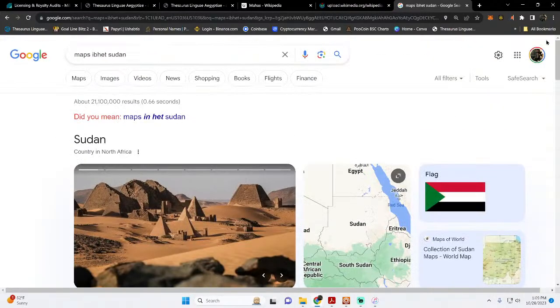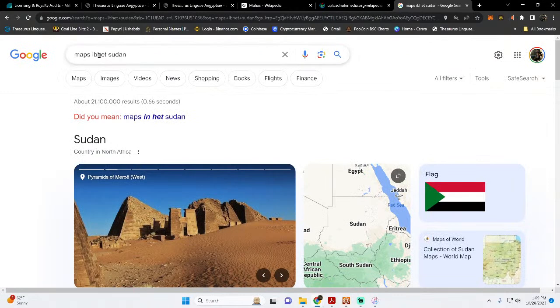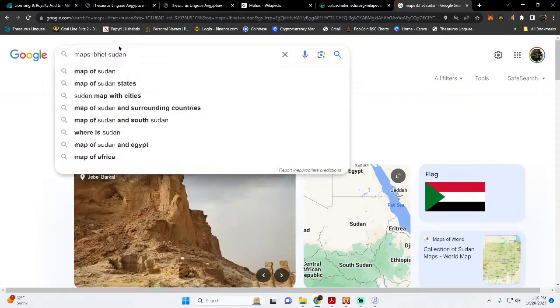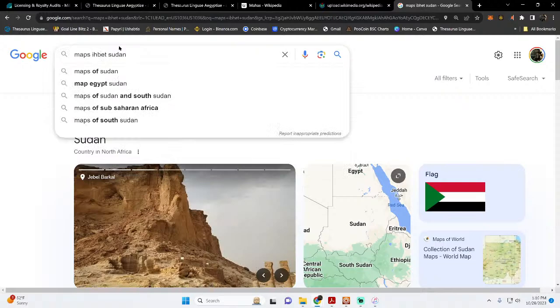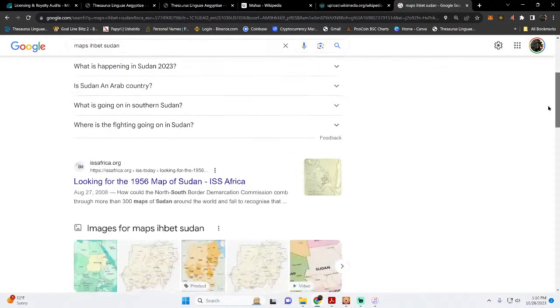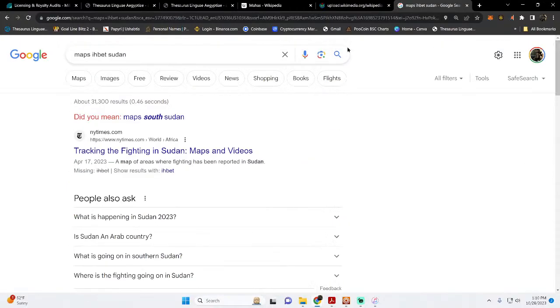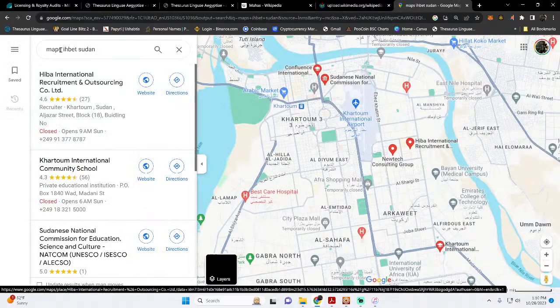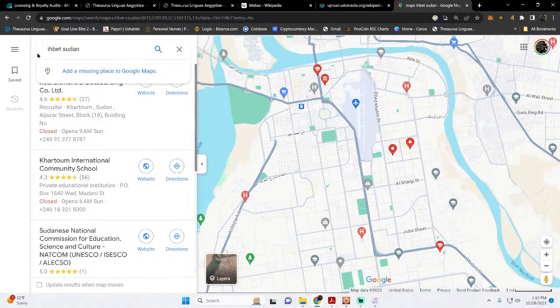Hold on, I didn't do it right. I'm spelling it wrong. They don't want you to see this place easily, but I can show you. Let me just go on Google Maps. This is where Mentuhotep went to these regions to get his people.